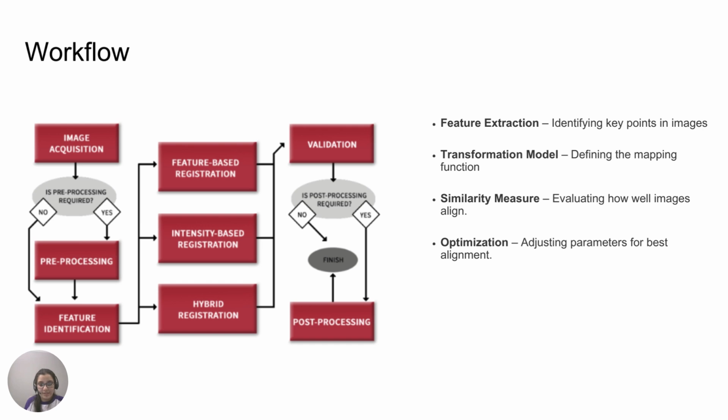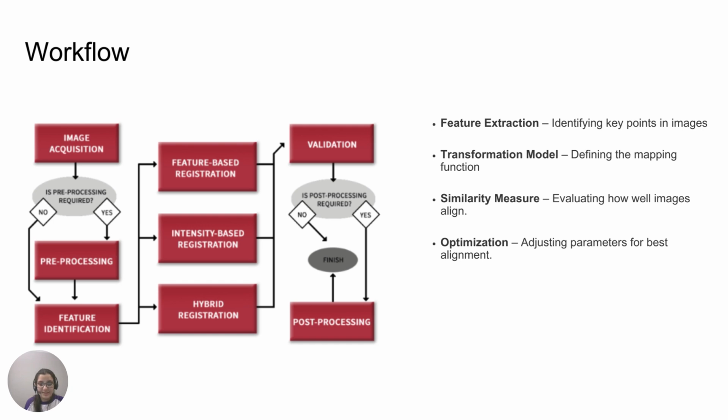Feature identification. Key features are identified from the images, such as edges, corners, or other landmarks that are visible in both the datasets. Then the registration algorithm is applied. The classical registration algorithm is basically classified into two parts. One is feature based registration, which involves identifying common features, then rotating the dataset so the features become aligned to the other dataset.